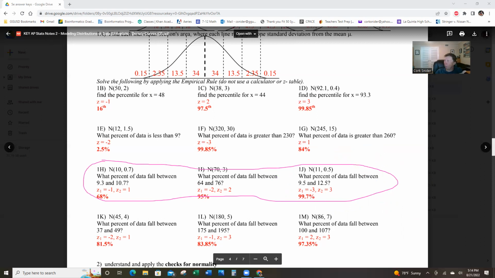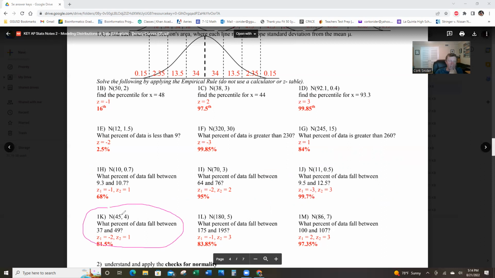Now the next ones get a little harder. Okay, they're not much harder, but they get a little bit harder. So the next one you got right here, mean of 45, standard deviation of 4. What percent fall between 37 and 49? So 37 minus 45 divided by 4 comes out -2 right there.